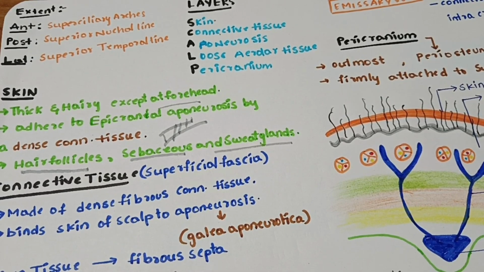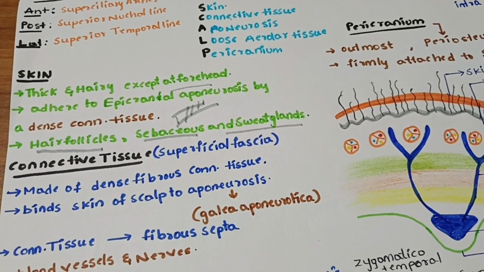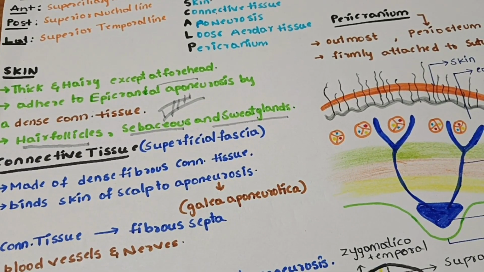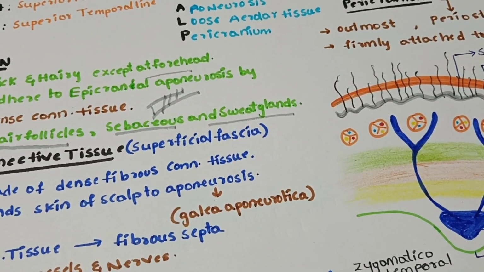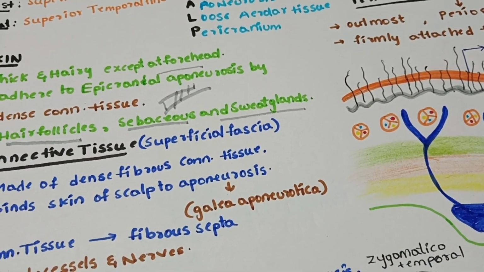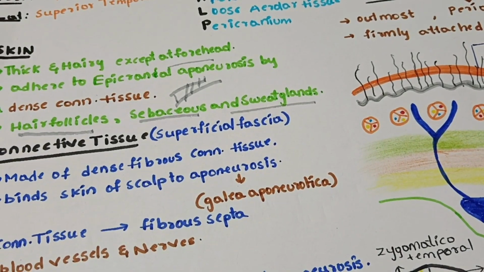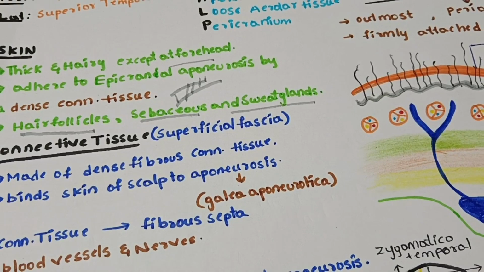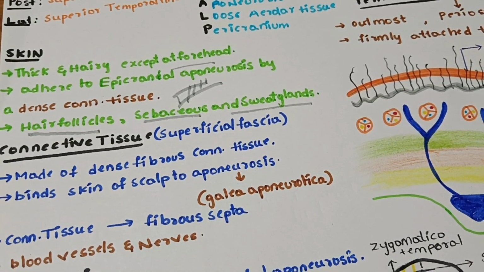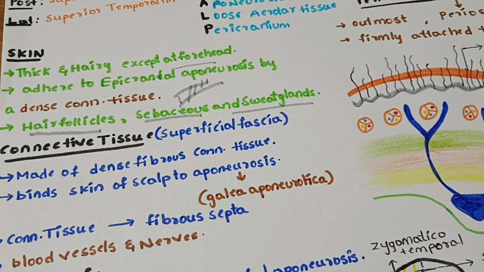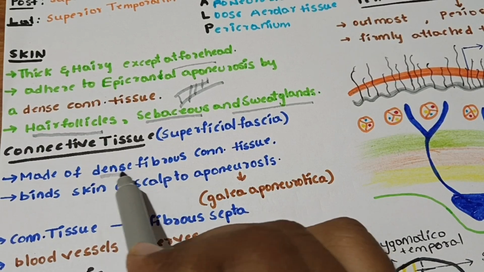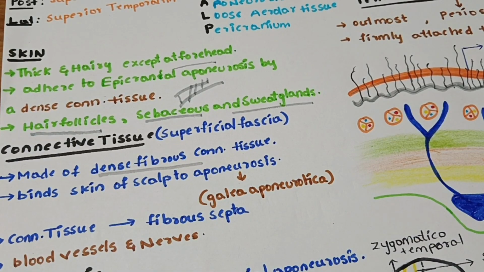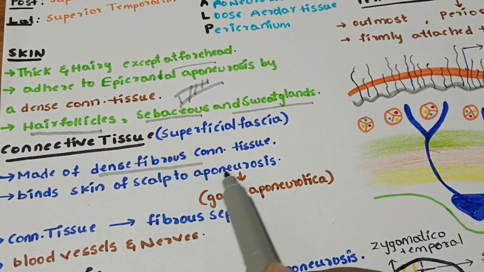Now, what is the second layer? The second layer is connective tissue. The connective tissue is also known as superficial fascia. It is made of dense fibrous connective tissue and binds the skin of scalp to the aponeurosis.